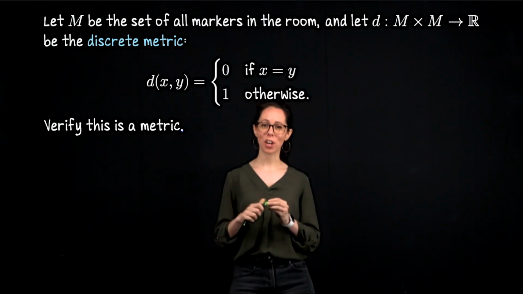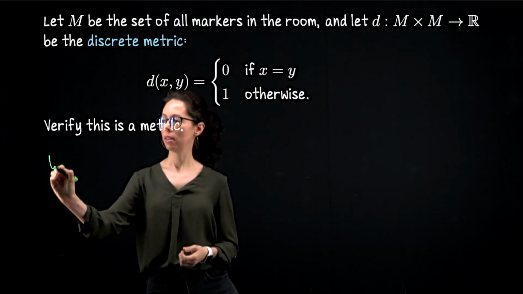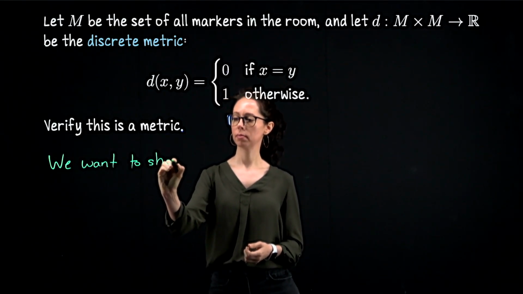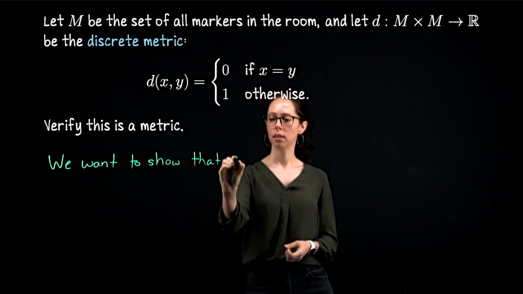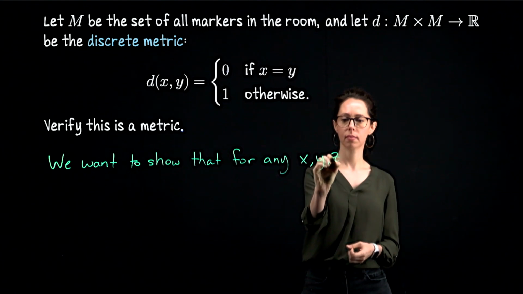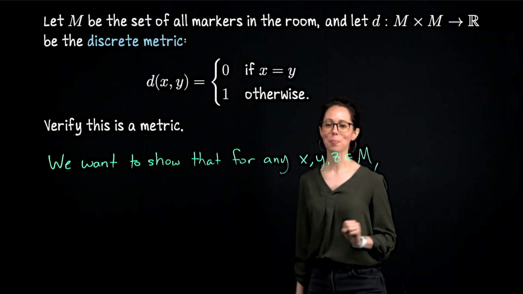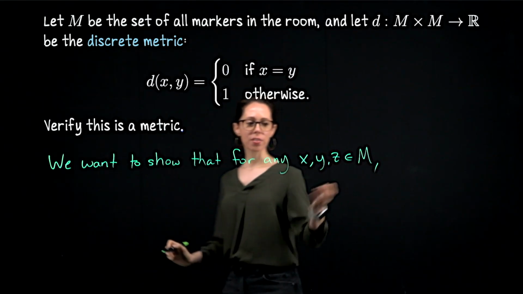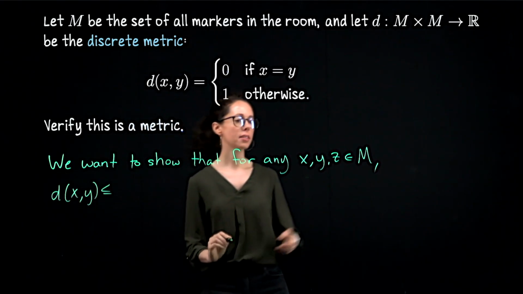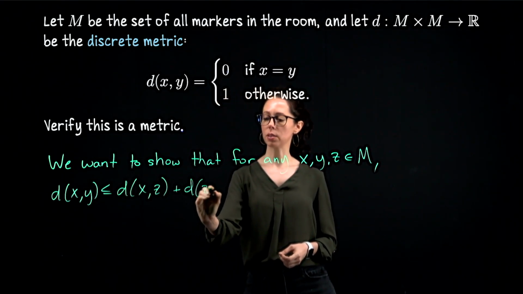All right, if you wrote down the triangle inequality, this is what you should have. I'll go ahead and start the formal proof. So I'll say, we want to show that for any x, y, and z in the metric space, or in the set M because we don't yet know it's a metric space, the distance from x to y is less than or equal to the distance from x to z plus the distance from z to y.